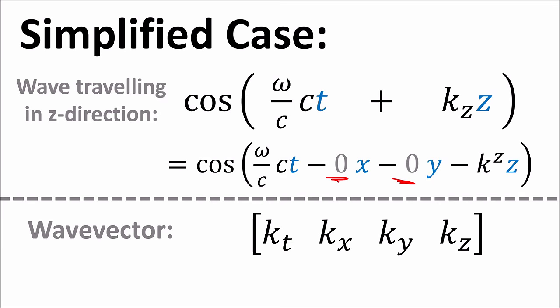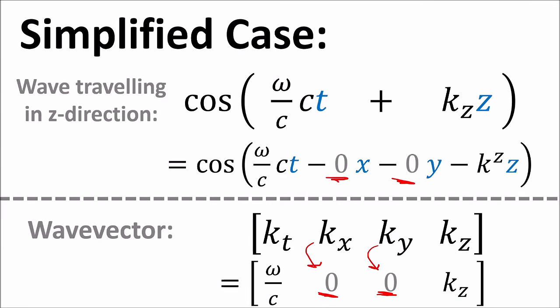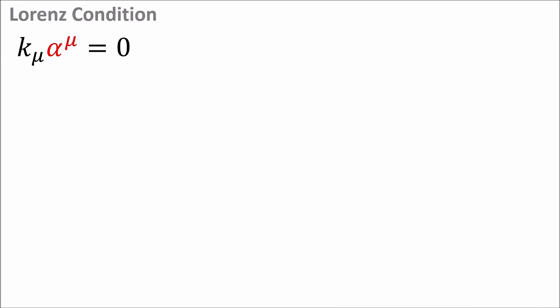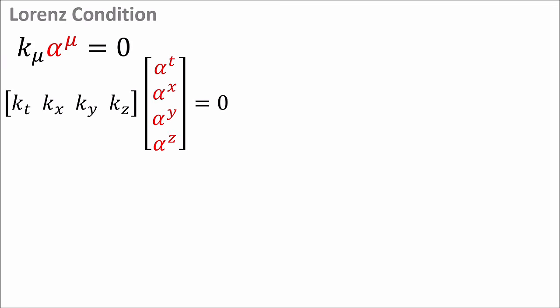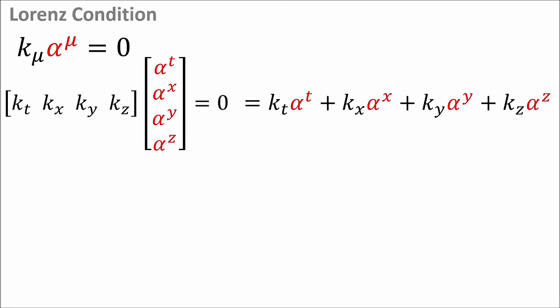This means the 4 components of the wave vector k look like this. So from the Lorenz condition, we showed that the wave vector k and the amplitude vector alpha must have an inner product of 0. We can also write this as the row of k components multiplied by the column of alpha components equaling 0. Or we could write out the sum explicitly like this.